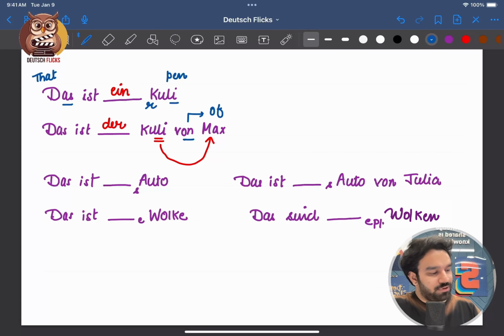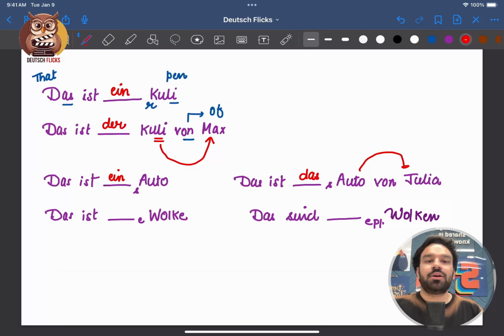For the first one, the answer would be ein. Das ist ein Auto, that is a car. There's nothing specific, particular, defined, so we will go with the indefinite article. But in the second sentence, I have defined that this car belongs to Julia. So we'll go with the definite article this time. Das ist das Auto von Julia.